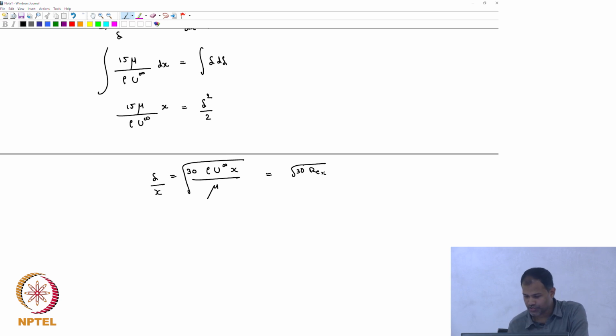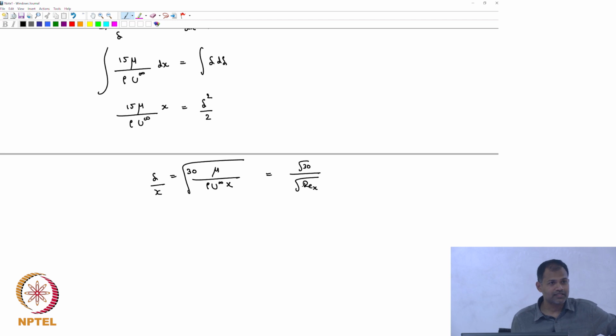Oh, so where should I change? It's 30 by, because I haven't done mu. Delta square by x square is 30 mu by rho u infinity x. This is right. So therefore I should really have root 30 divided by root of Re x.